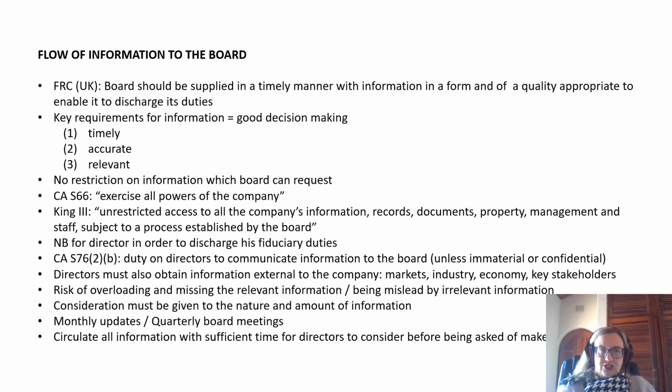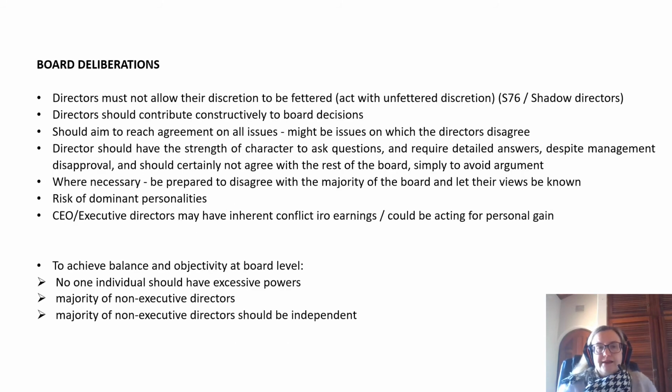quality decisions. Let's talk about board deliberations and the quality of deliberations. So, we know already from Section 76 that directors must not allow their discretion to be fettered by anything that might fetter their discretion, but particularly with regards to a shadow director, some external outside influence.